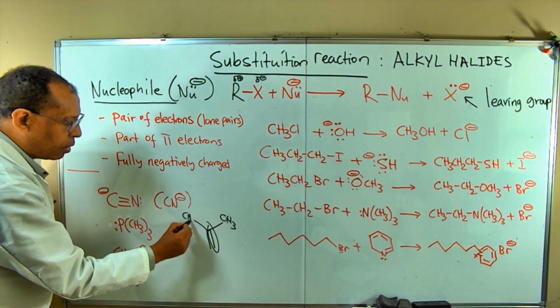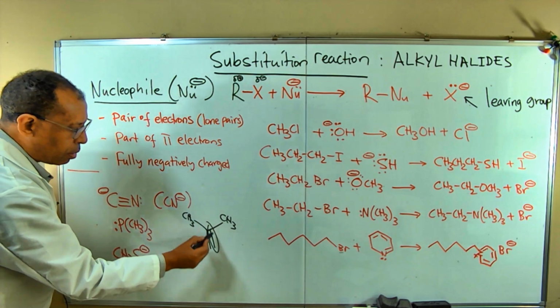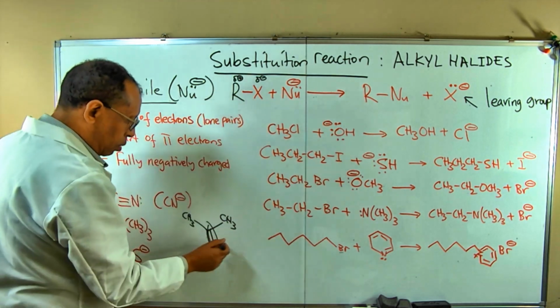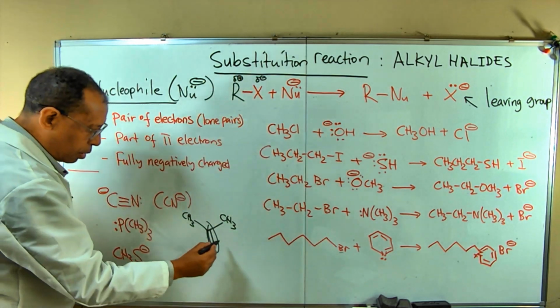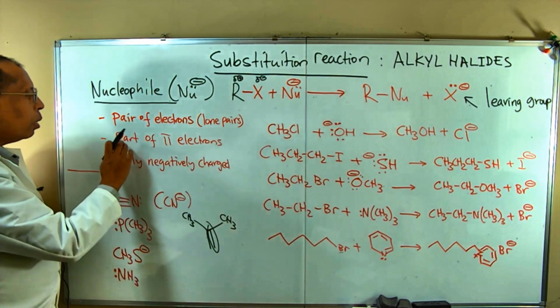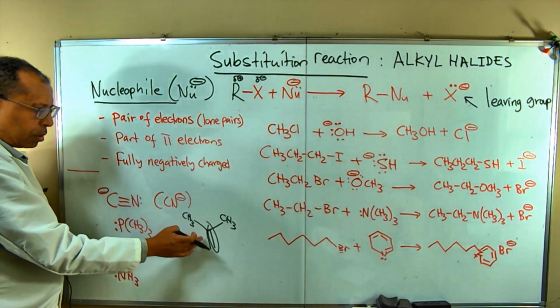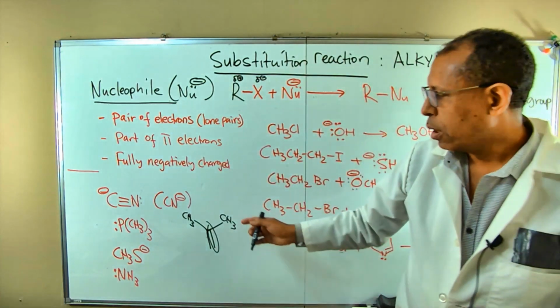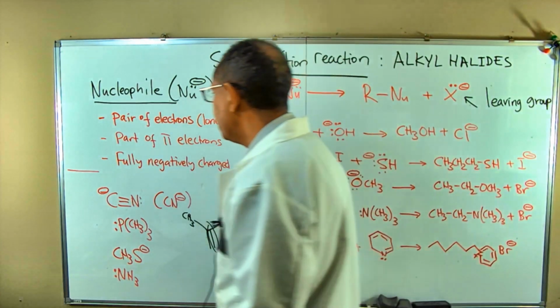For example, if it has CH3 again here, this pair of electrons in the pi system can be used to attack that carbon because this is electron rich. So when you say part of a pi electron system, even a double bond, if it is rich, we can use it as a nucleophile.